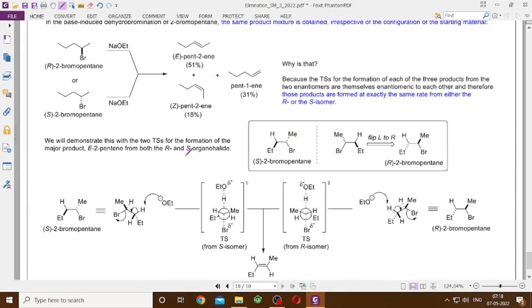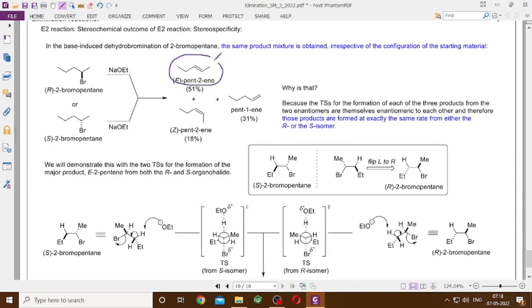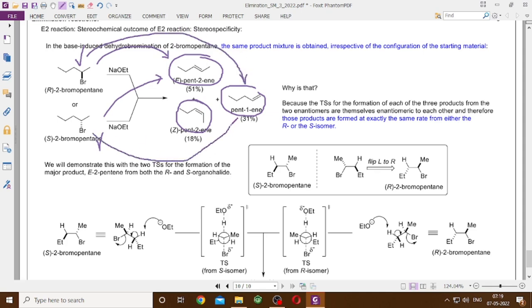Why is that? That is because the two transition states involved in forming this one, or this one, or this one, from these two enantiomers, are enantiomeric. The TS for making this from here and the TS for making this from here are enantiomeric. Likewise for the other products, the transition states are also enantiomeric in nature.